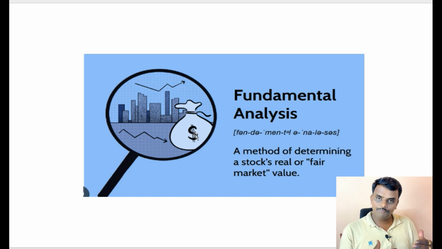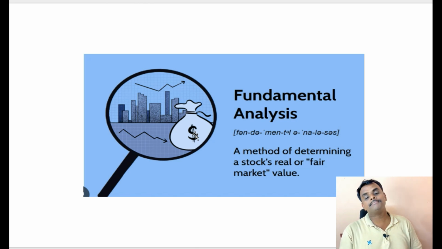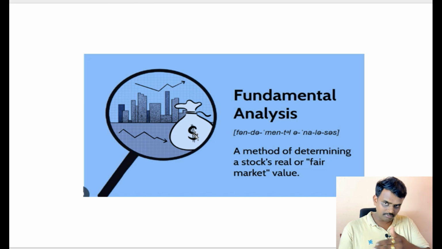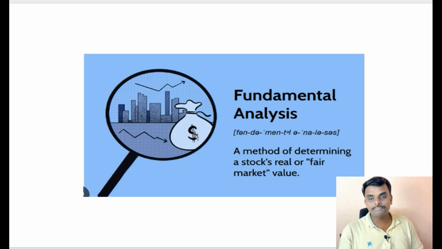Each quarter, if Infosys is doing great, increasing its revenue, increasing its profitability, reducing debt, increasing their margin, winning more clients, then obviously the company's stock price will also eventually go up.